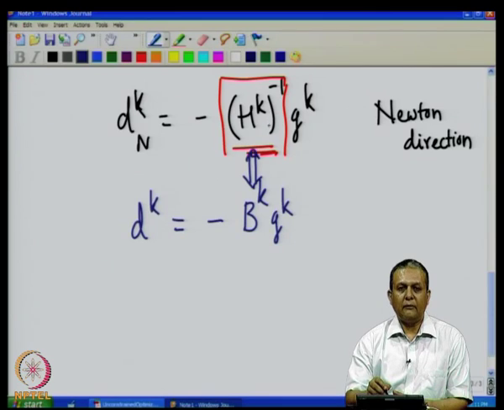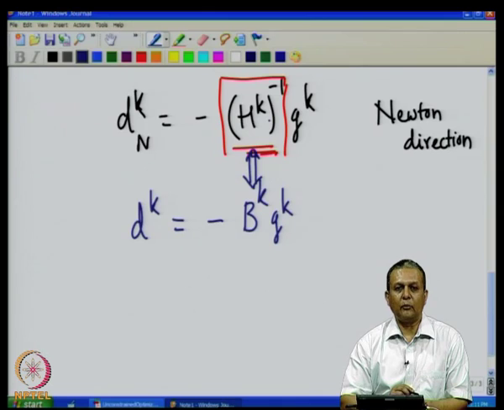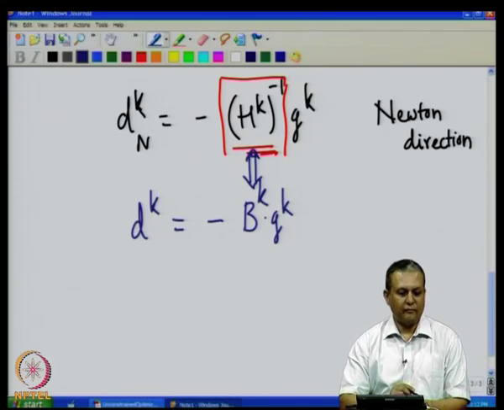Typically, if we want to invert an n by n matrix, the complexity of the operation is order n cube, and that is avoided in this case, because to get the new direction dk, we just need a matrix vector multiplication, and that needs order n square effort. So, the computational effort is saved in this method. Such methods are called quasi-Newton methods, and let us now study some of those methods.